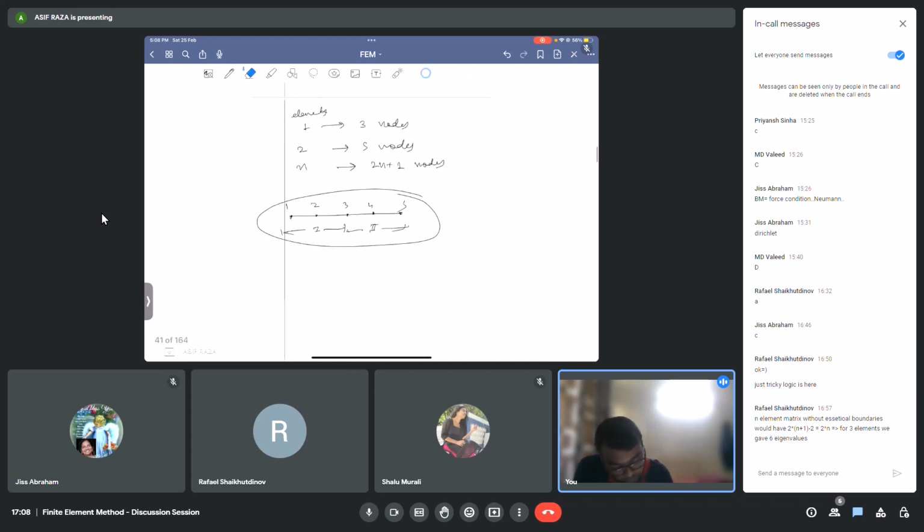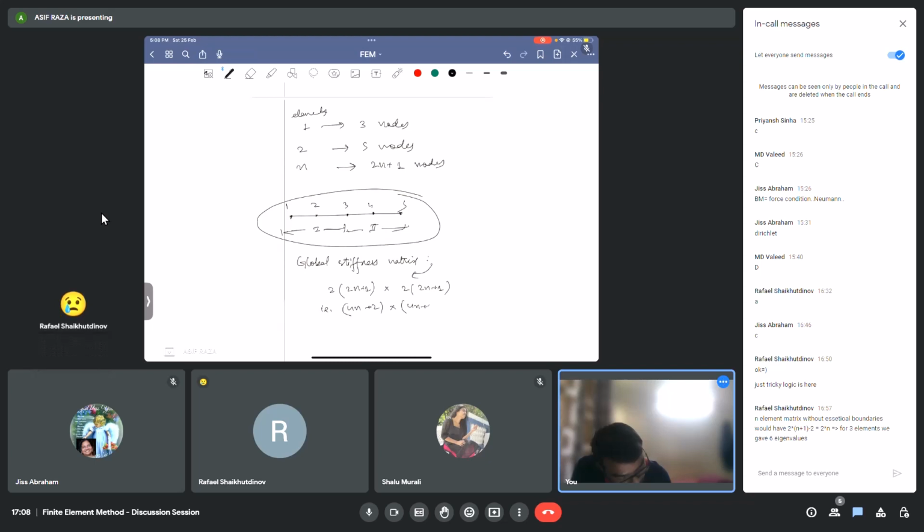So global stiffness matrix will have 2 times of 2n plus 1, that is 4n plus 2.